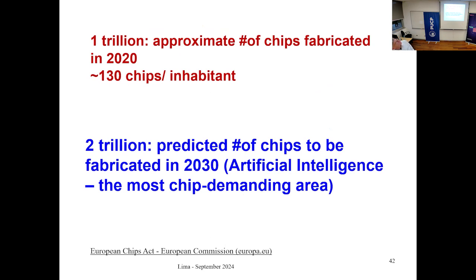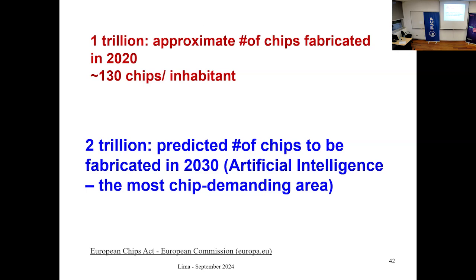The number of chips fabricated in 2020 was 1 trillion, approximately 130 chips per inhabitant of this planet. For 2030, it's predicted that mankind will consume 2 trillion chips.